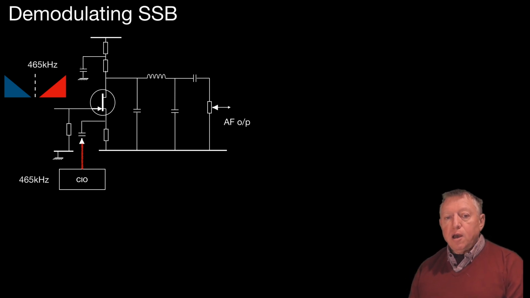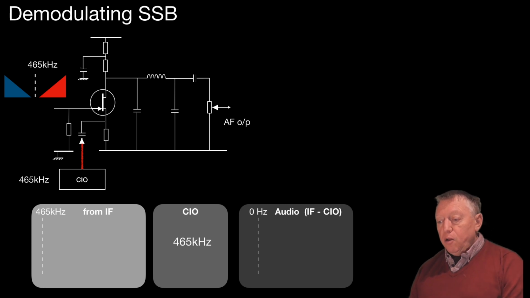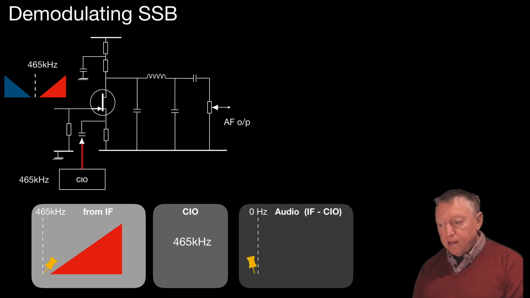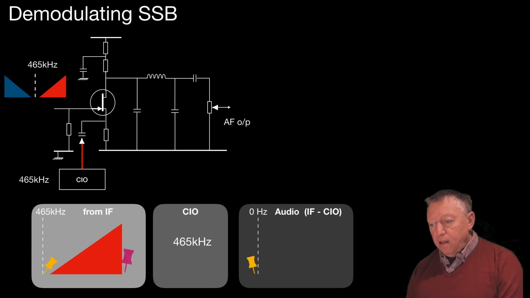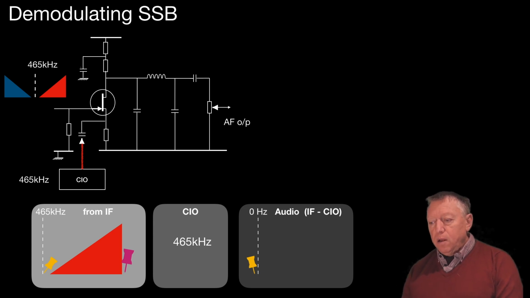So if we then go and track this through, and we use a carrier insertion oscillator of 465, then looking at the red one, and using the pins method once again, we will see that the 465 will once again translate to 0, and that the 468, that's 465 plus the 3 kHz maximum audio frequency, will translate this time not CIO minus IF, but IF minus CIO.